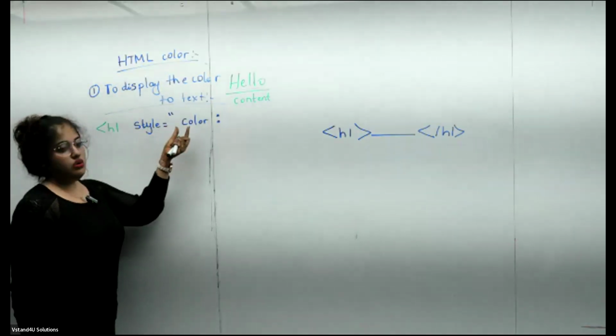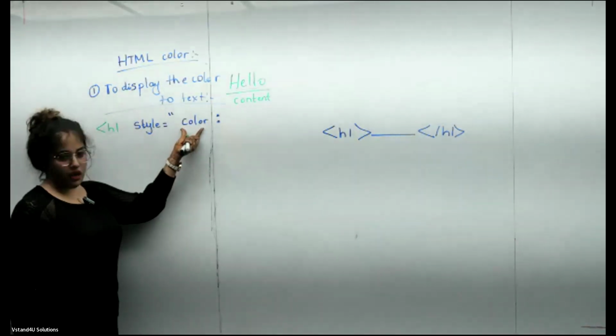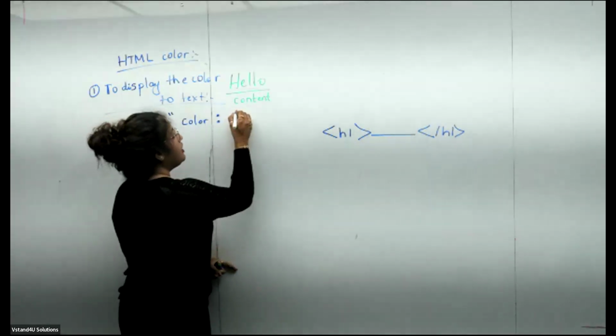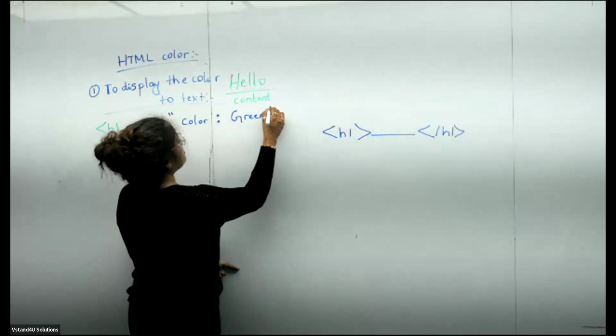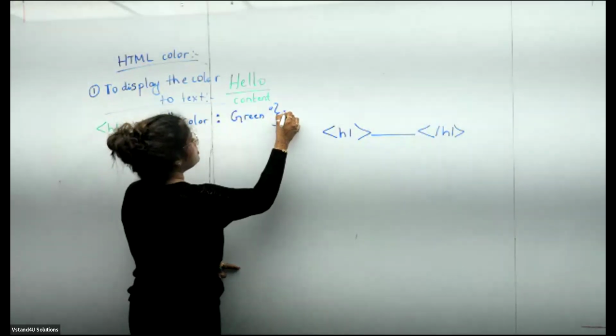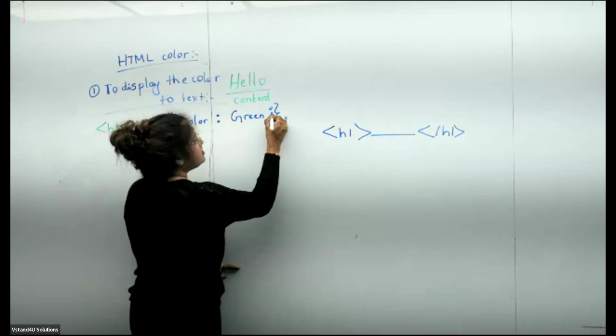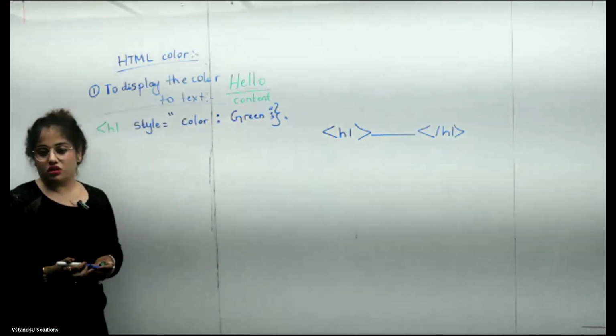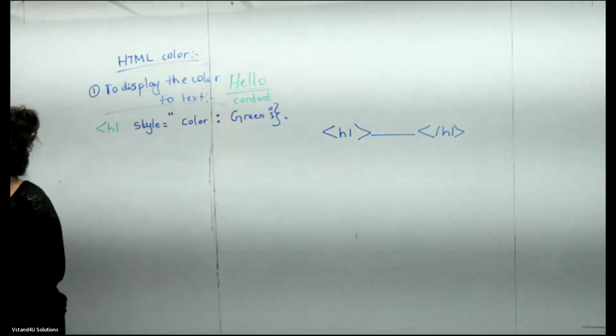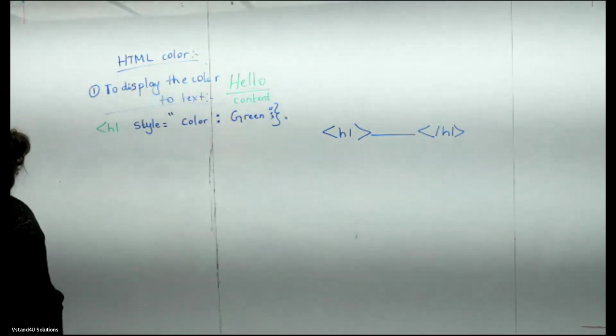The value equals color, and I will pass the color as green. I will close this, and this semicolon is called a declaration.